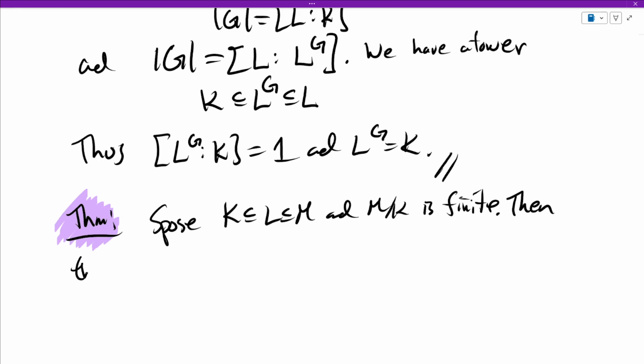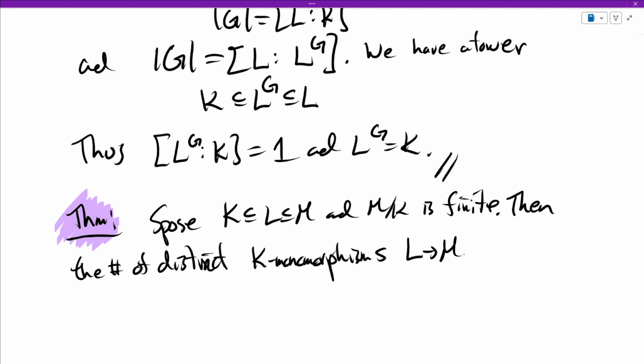Then the number of distinct K-monomorphisms L to M is at most the degree of L over K.